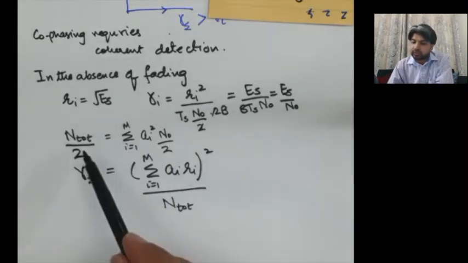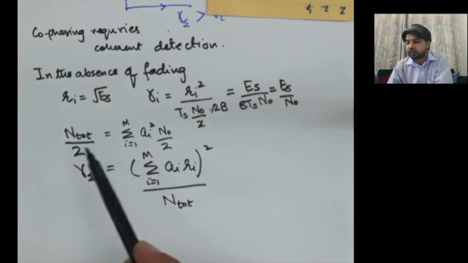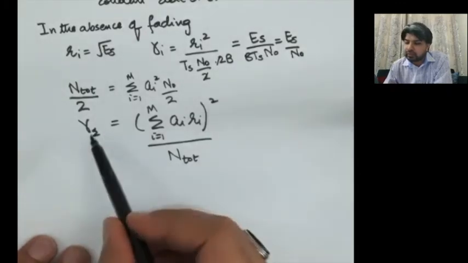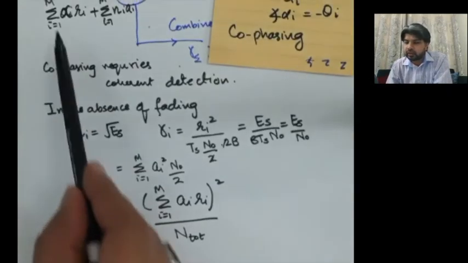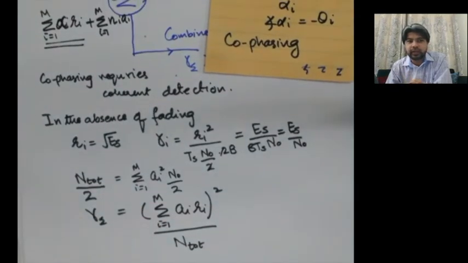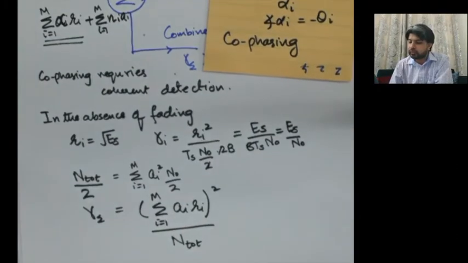So this N0 by 2 is the noise variance or the power spectral density if it is white Gaussian noise. Your gamma sigma at the combiner output has the signal part, which is the summation i equals 1 to capital M of a_i R_i, and the square of that gives you Es total, divided by N total, which gives you gamma sigma.